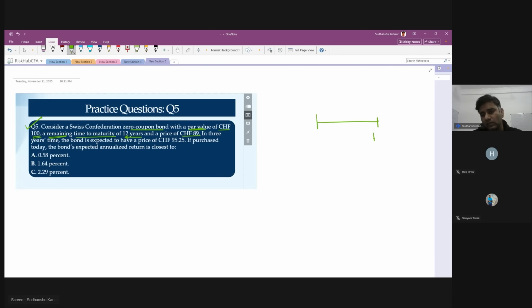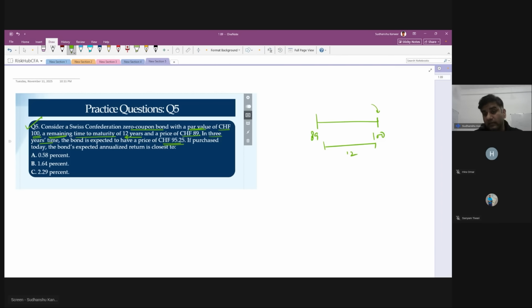So value at the last you will get 100. 12 years are pending. Today the value is 89. In 3 years' time, the bond is expected to have a price of CHF 95.25.